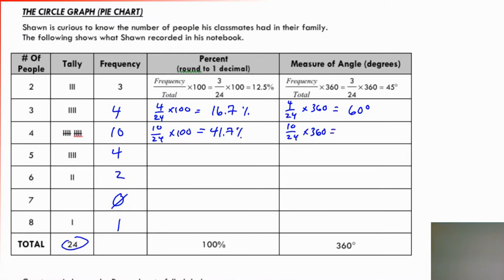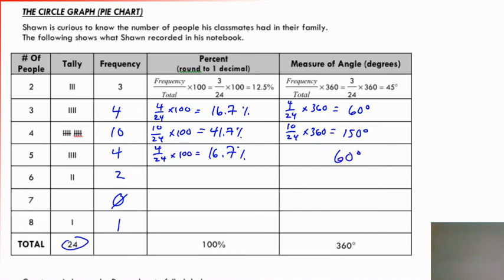So I have 10 divided by 24 times 360 gives me 150 degrees. Makes sense. This is the largest degree so far because there's lots with a family of 4. Okay, so here we go again, 4 over 24. Again, that actually repeats up here, so we know it's going to be 16.7%. We know this is going to be 60 because it's 4 and 4, right?